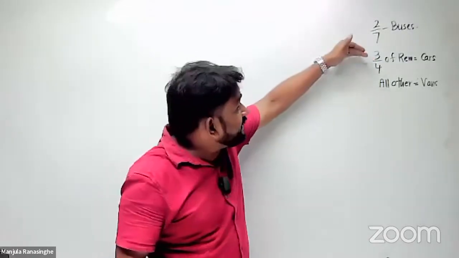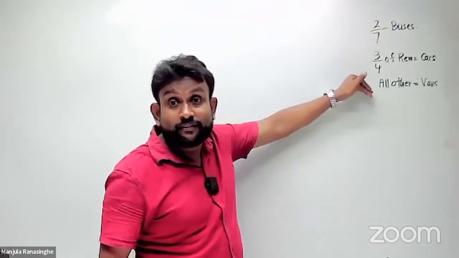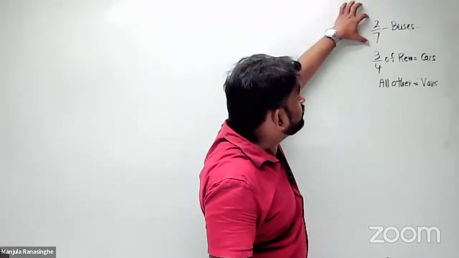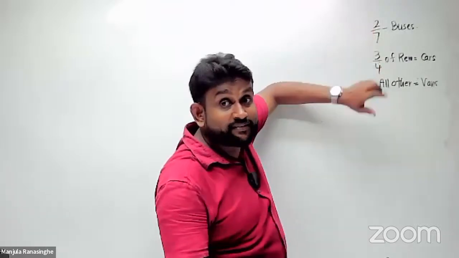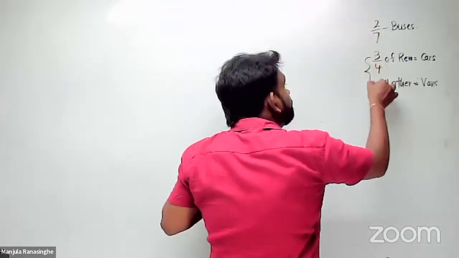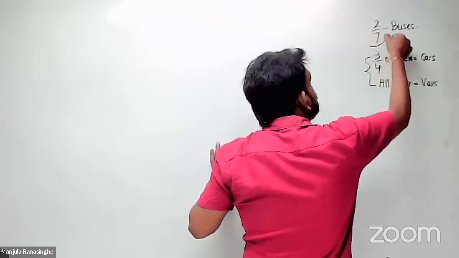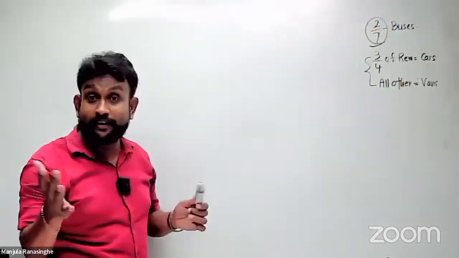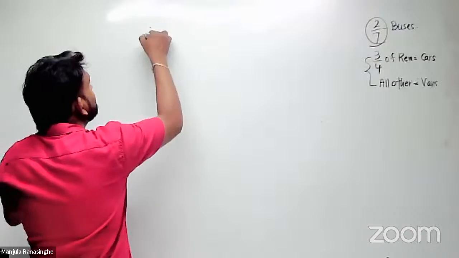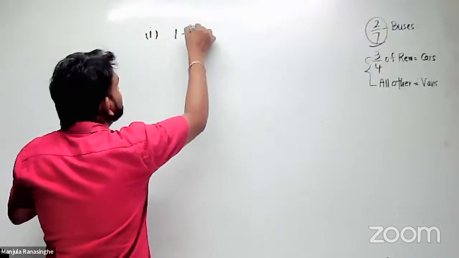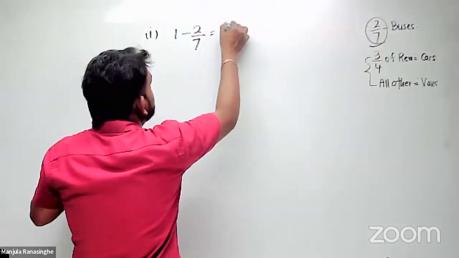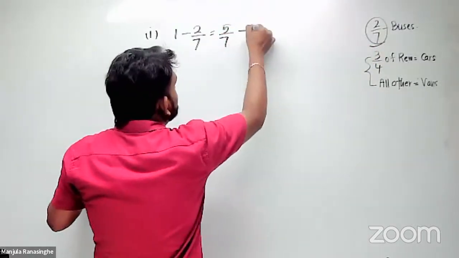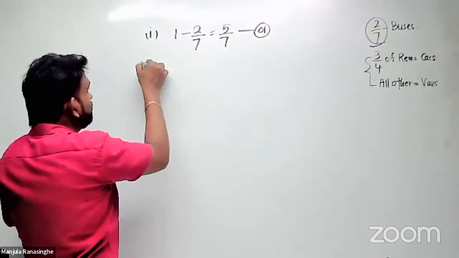They are asking for the sum of cars and vans. So 2/7 is gone for buses, then what is remaining? The total is always taken as 1, subtract this 2/7 part, then it becomes 5/7. You have 1 mark for that one.